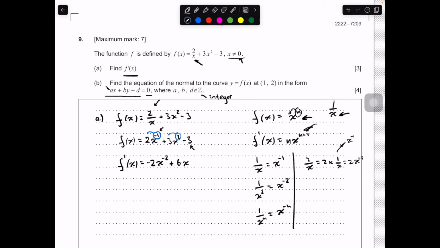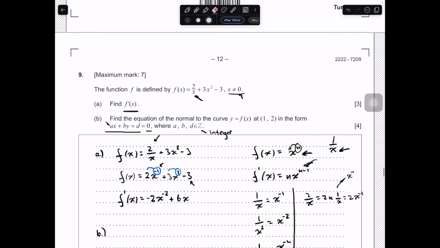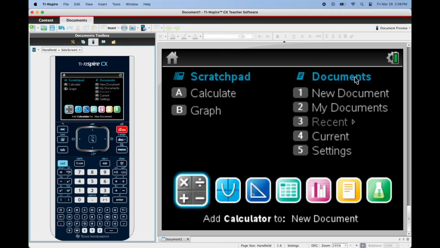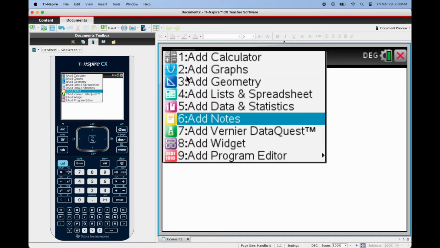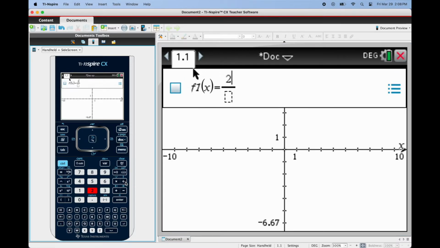Okay, so let's see what we can do. We want to find the equation of the normal to the curve. So if we have f of x, I'm actually just going to graph this to kind of show you what it looks like real quick. So get a new window and then graph it. So here we are, 2 over x plus 3x to the negative 2 minus 3.